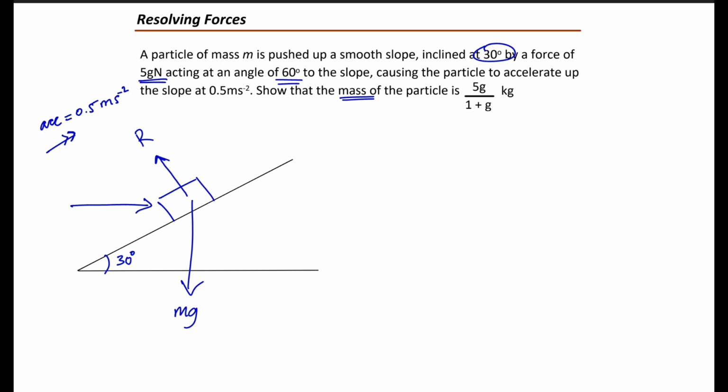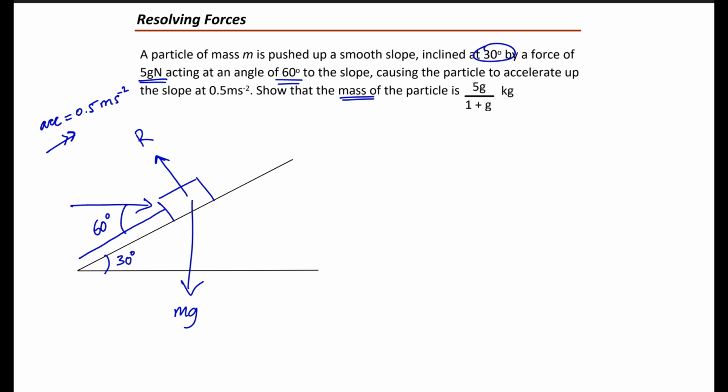And then we can essentially say that if this is the slope, that angle there is going to be 60 degrees. The other way to show this is you can show the force going out of the object as well. So that's just another way, and then this would be 60 degrees to the slope. I personally prefer doing it this way, but just for the sake of this diagram, we're just going to keep it behind the object, the particle. And then that's our diagram.